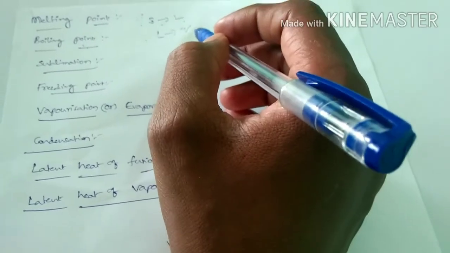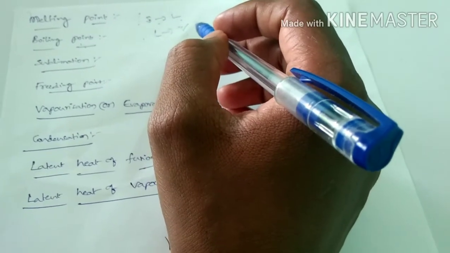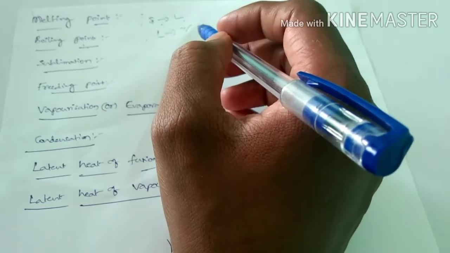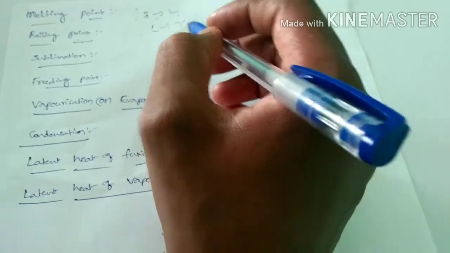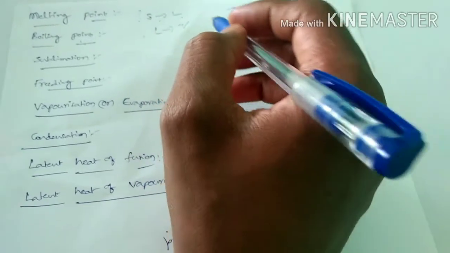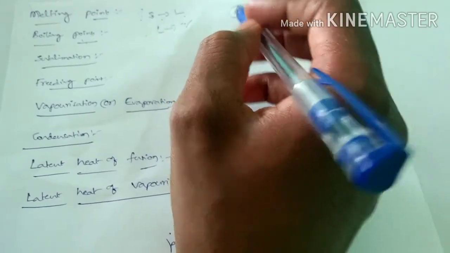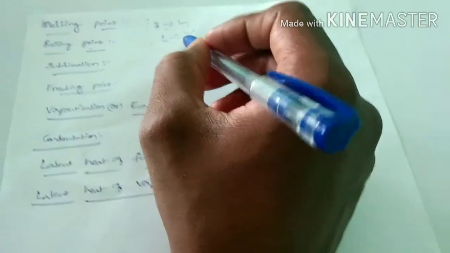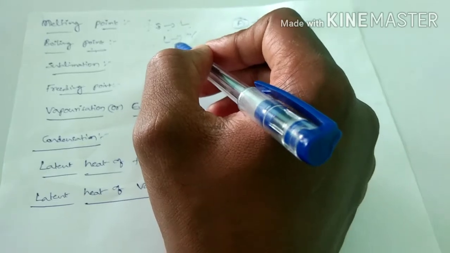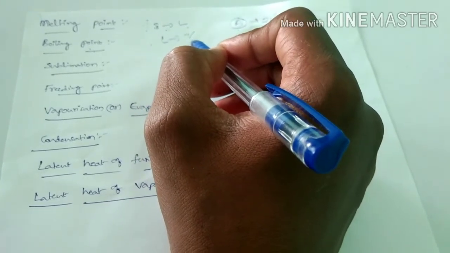Water is in liquid state. We know that very well. If that water undergoes heating, then that water vaporizes at 100 degrees temperature. That is why 100 degrees temperature is considered as boiling point of water. So boiling point definition is the temperature at which liquid is converted into vapor is called boiling point.